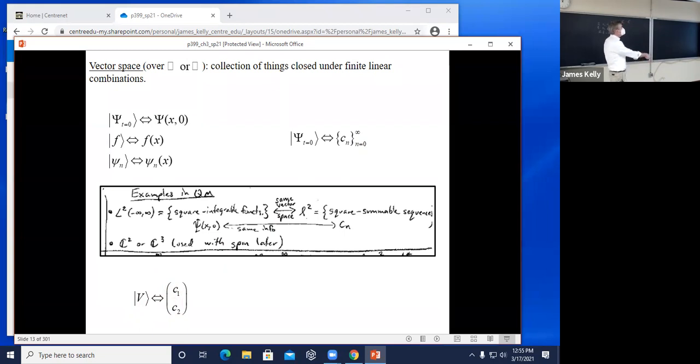In fact, I could do the same thing with these representations up here. There's no reason I have to just think of these as an abstract set. I could line them up in a column vector, except instead of just having two components or three components in my column vector, here I have an infinite number of components. So I'm going to think of this as sort of like a vector space where vectors have an infinite number of components.